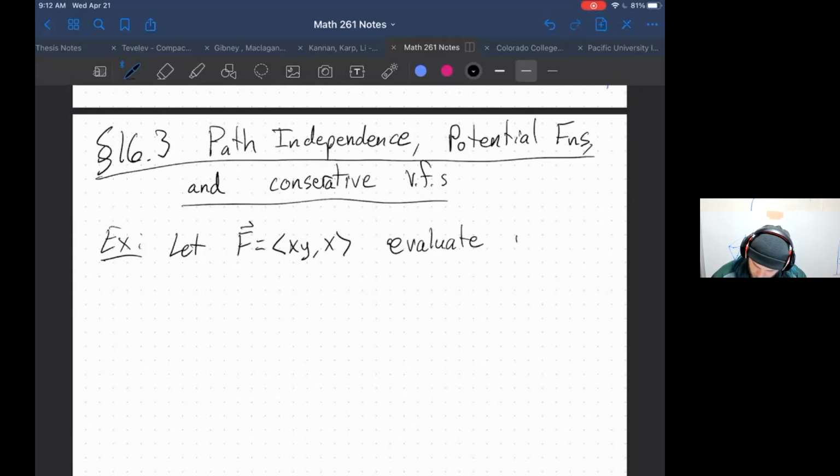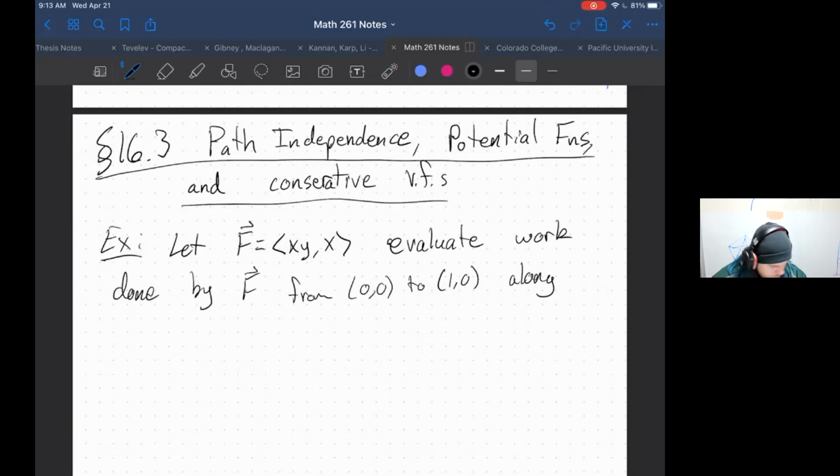We want to evaluate the work done by F from 0, 0 to 1, 0 along, first, the curve C1 using the equation y equals x squared.